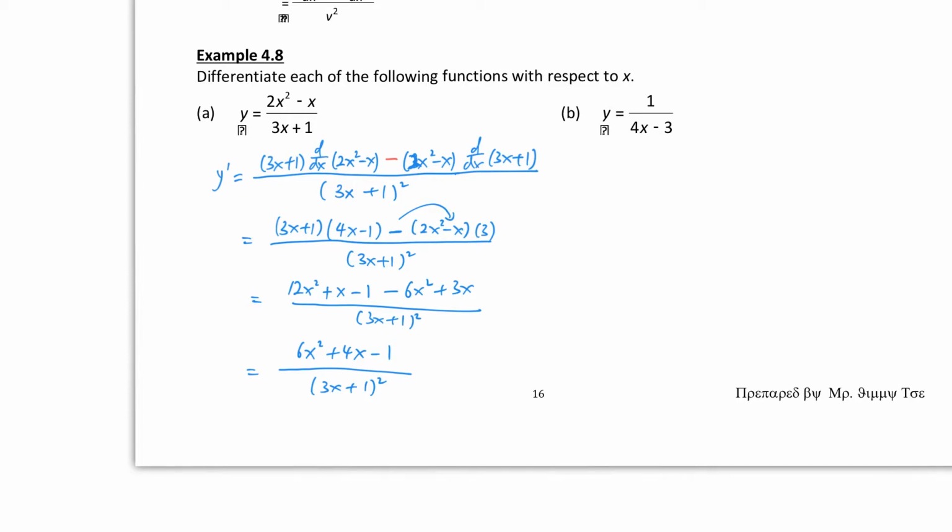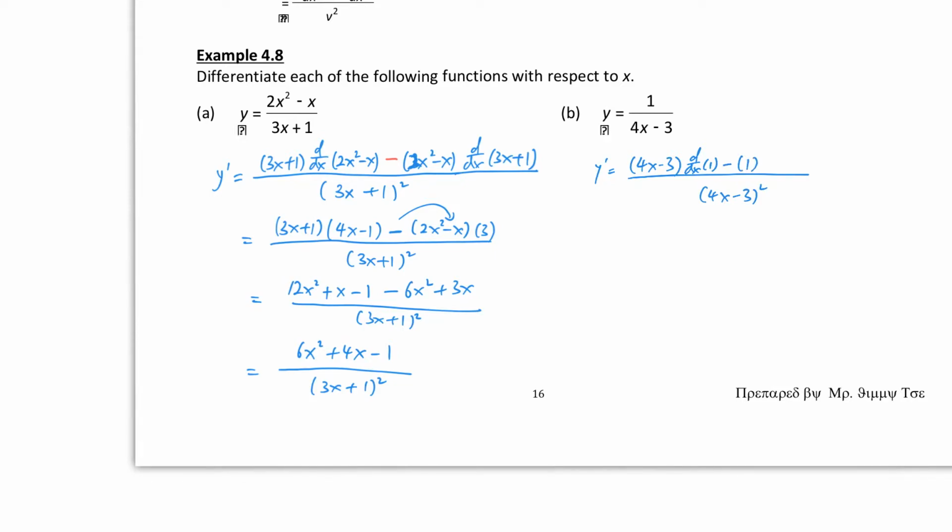We can also make good use of the quotient rule to do part B. Let's see. y dash. Take the square of the denominator and put down the denominator first. And d over dx of 1 is 0, so it must be equal to 0 minus.